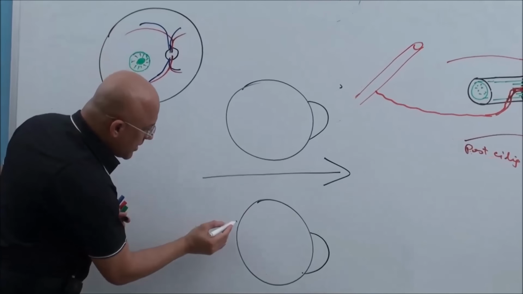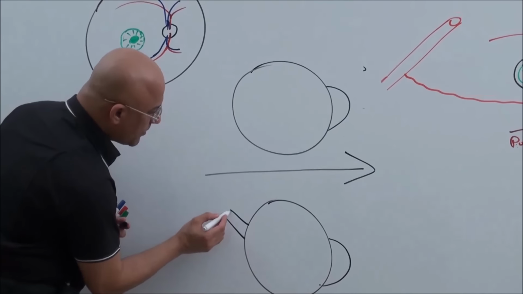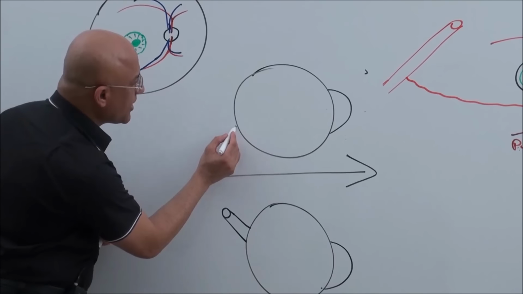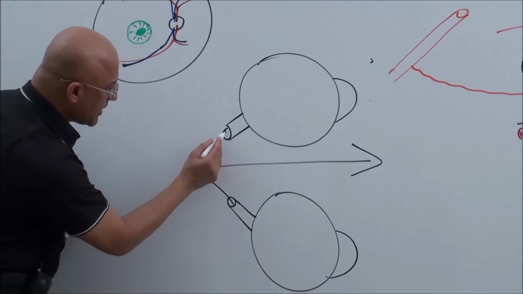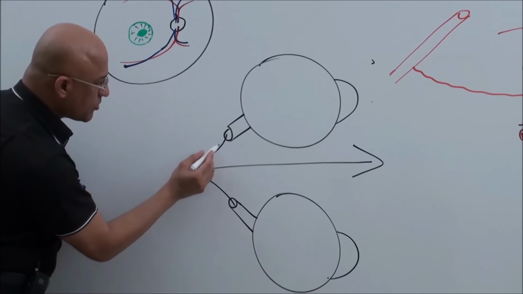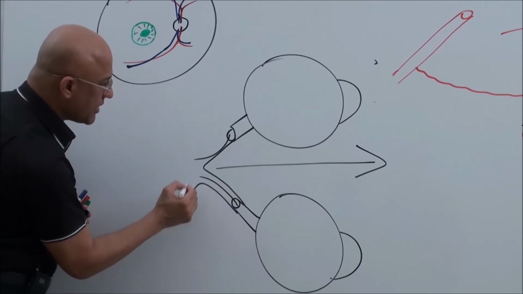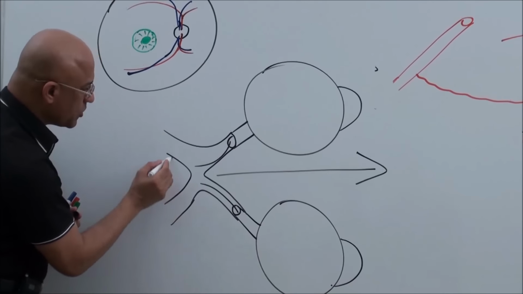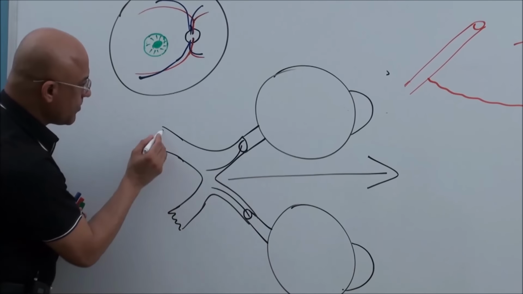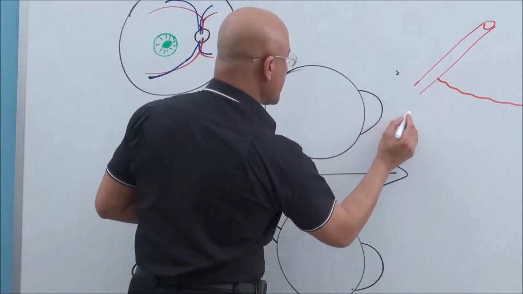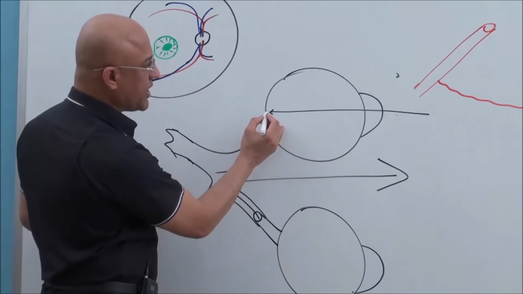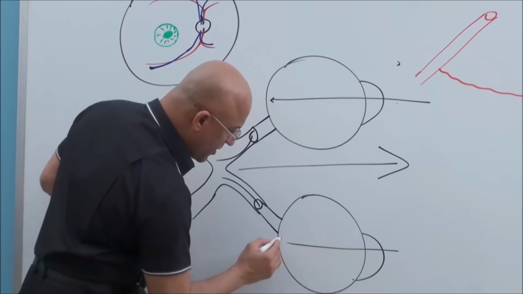Here is the optic nerve going and here is the other optic nerve going. You remember the optic nerves go together and make the optic chiasma here. They fuse with each other and then divide into the optic tract. But when you look at the light, it is going straight. This is the point where it is the posterior pole.